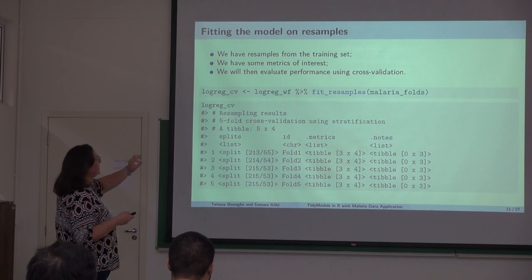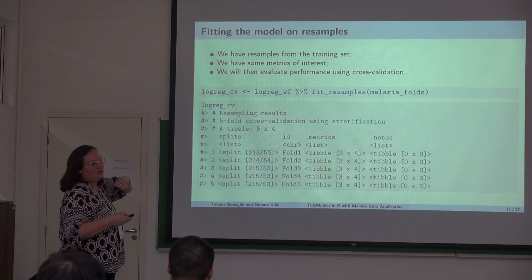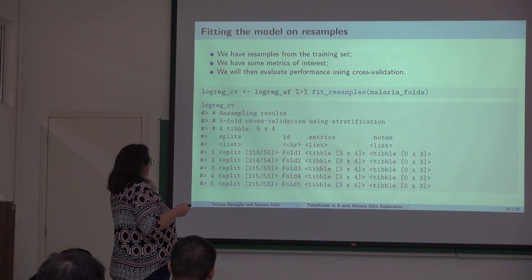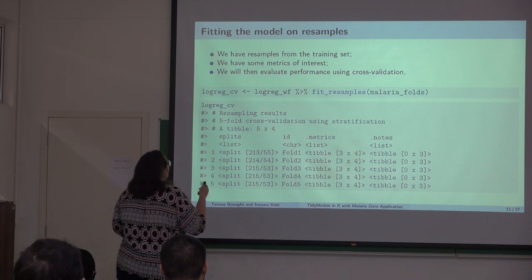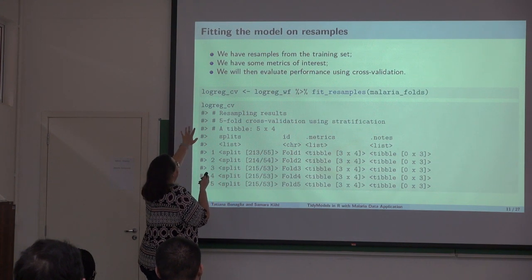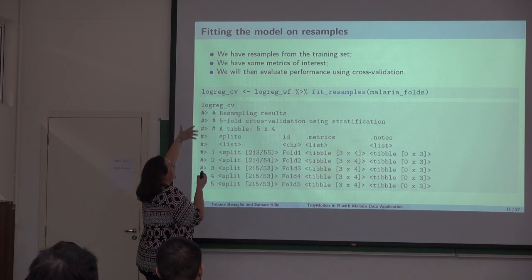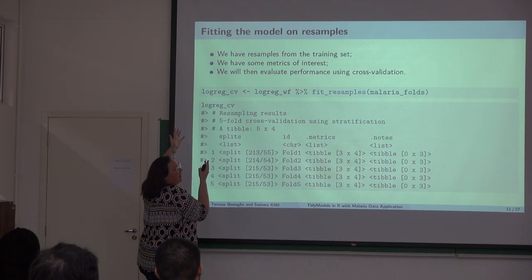Okay, I want to use the fit_resamples command. How does that work? I'm going to create an object called cross-validation, it could be any name.